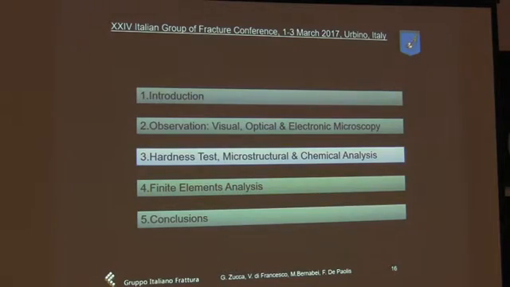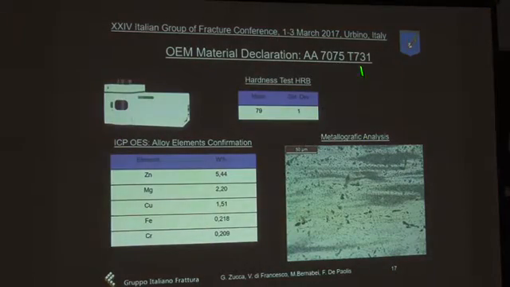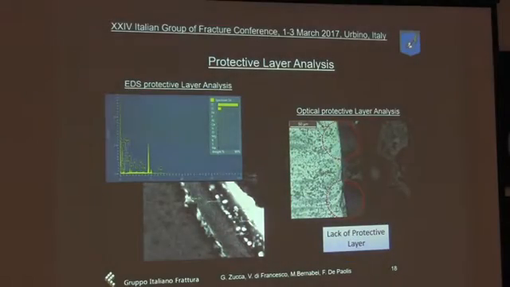The next step was to exclude the material's involvement in the failure. So we have to investigate the material in order to confirm compliance with the design specification. With OES we are able to confirm the alloy elements, with the hardness test we confirm the thermal treatment, and metallographic analysis is useful to exclude microstructural abnormalities. But we also find corrosion.